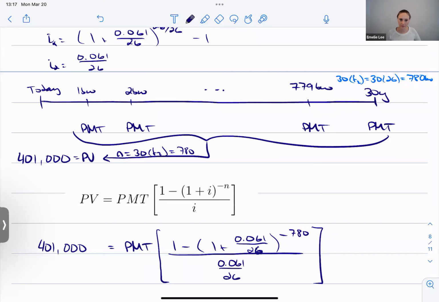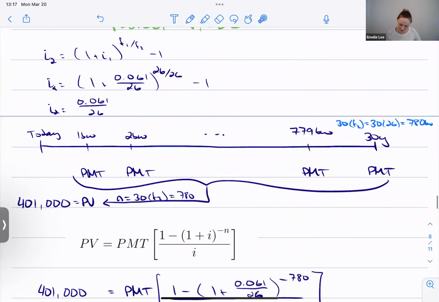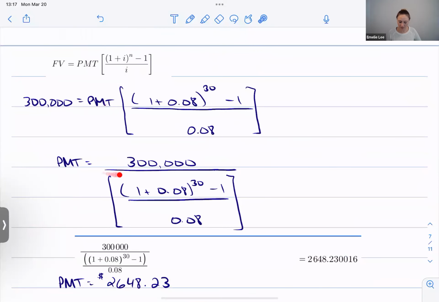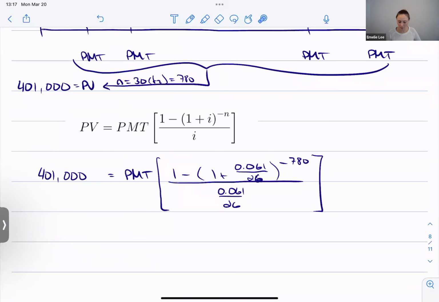Okay. Or if you want, I'll do it differently this time. You can solve it like we did here, just swing things around before you substitute in. Solve for PMT by dividing this side over to the left-hand side. But in this case, I want to show you the other way that you can do it, which is just solving for this side and then dividing it over. It's the same thing.